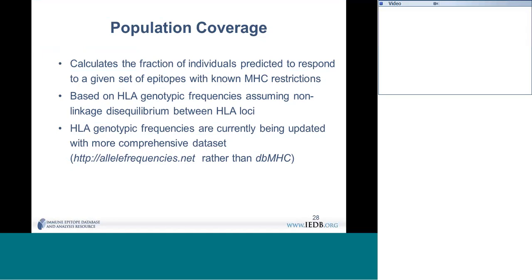We do this based on HLA genotypic frequencies, assuming non-linkage disequilibrium between HLA loci. The frequencies we are using come from HLA-frequencies.net, which previously used DBMHC, but now we switched because they have a much broader data set available.